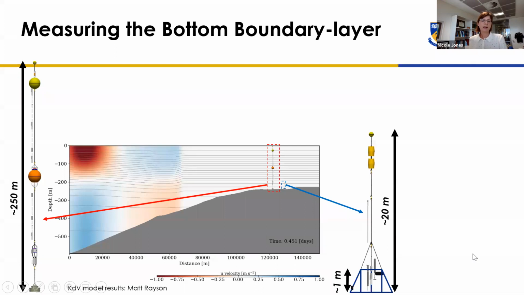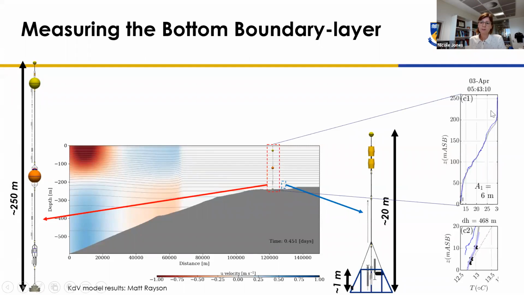Now, some of the complications of working in this type of environment is that these thermistor strings are really just held in place by reasonably strong buoyancy, but in very strong currents, you can have displacement of this particular thermistor line. And unfortunately, this has impacted a little bit our measurements, particularly at some of the most interesting times when the currents are particularly strong.